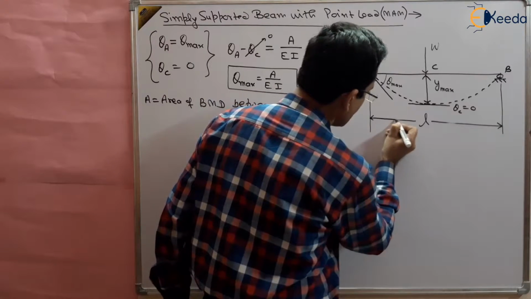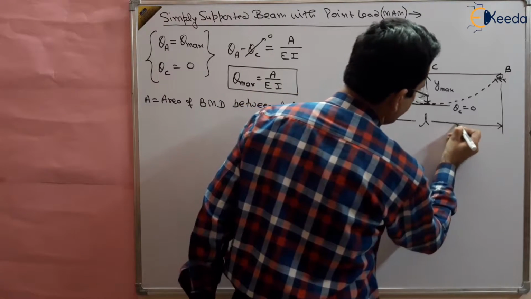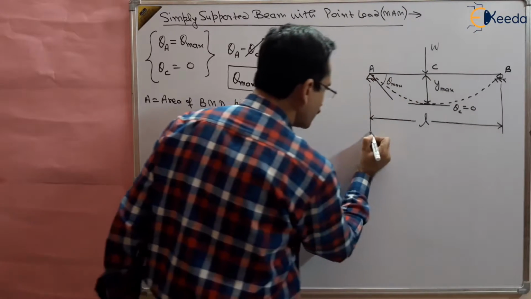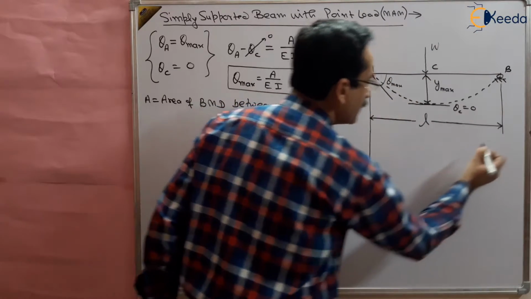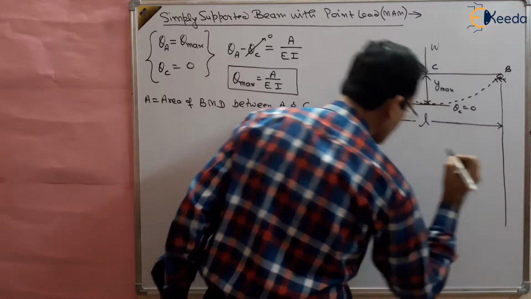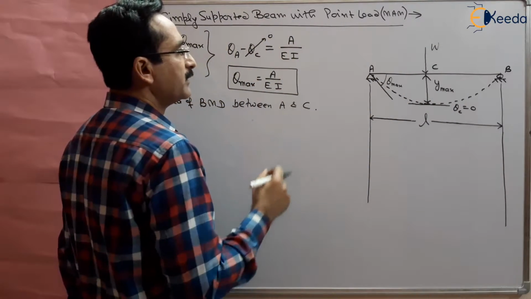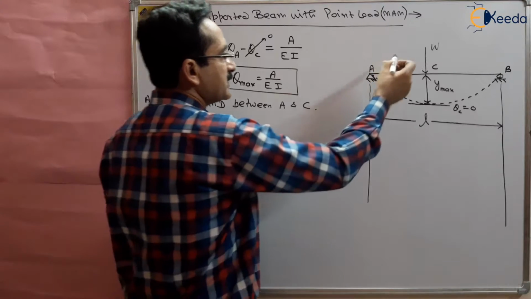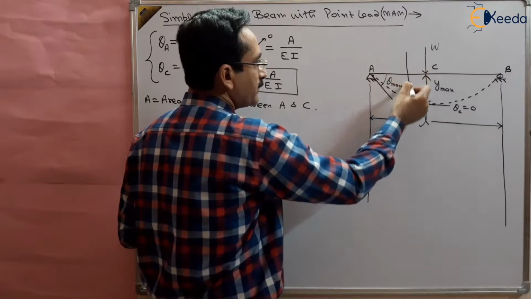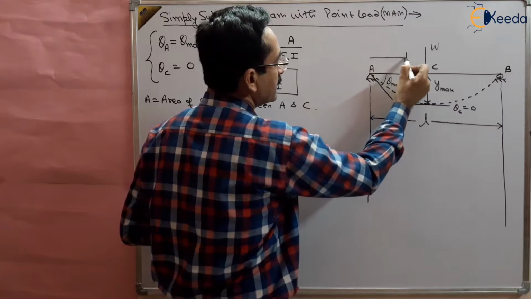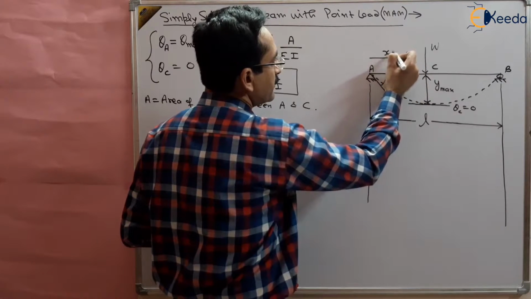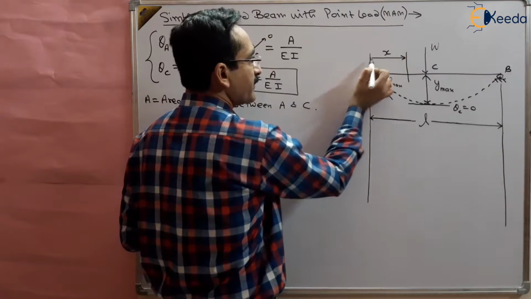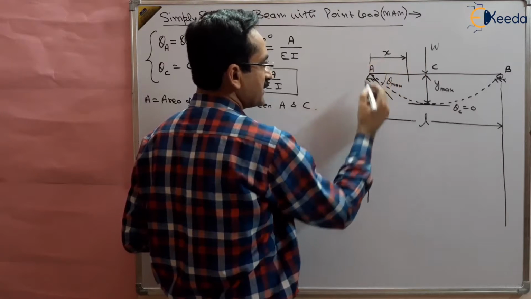So now we have to draw the bending moment diagram. For that, first we have to take the section. Let us take any section here, at a distance x from this point a.